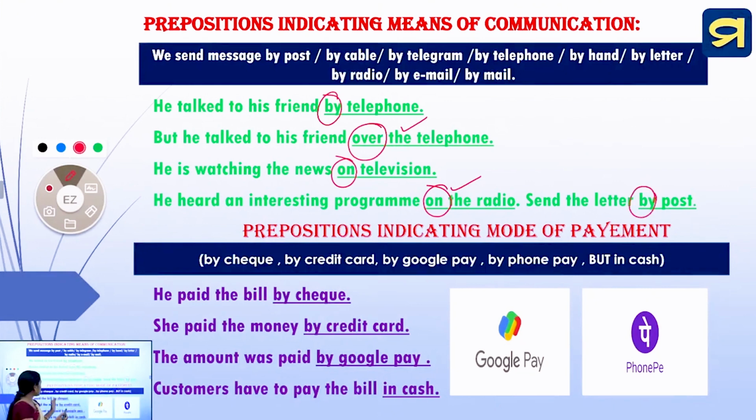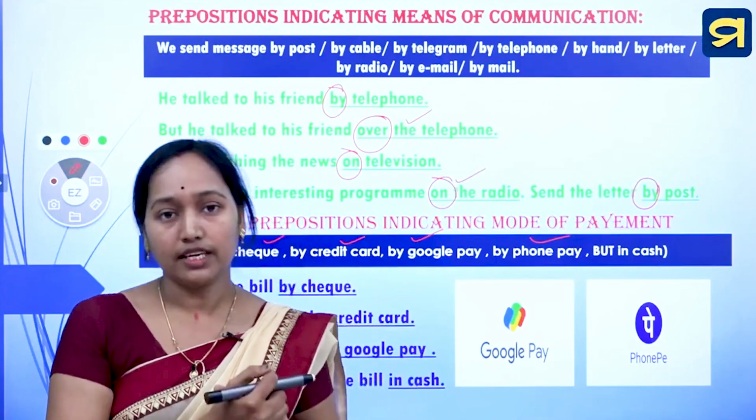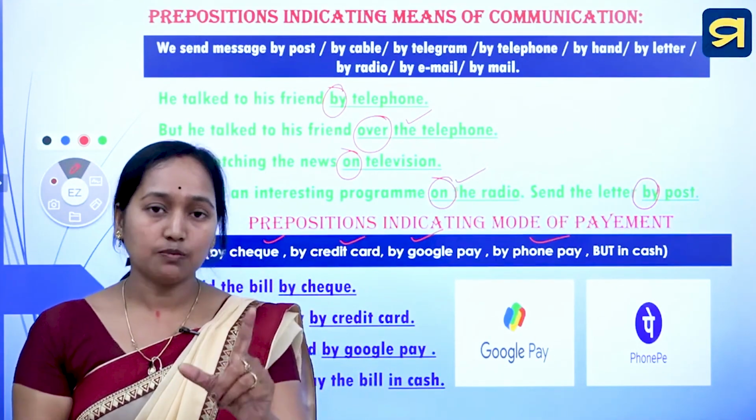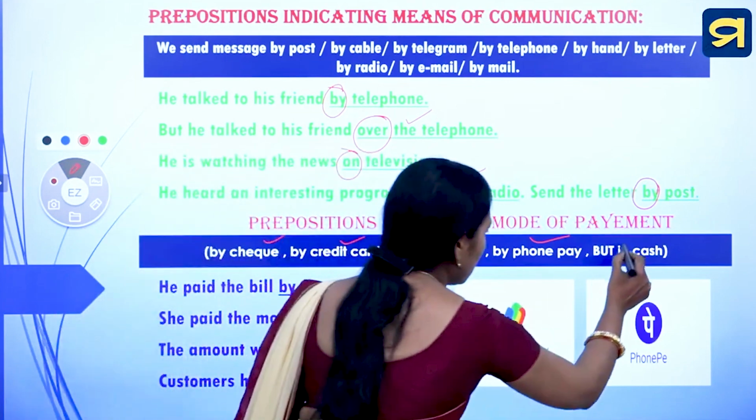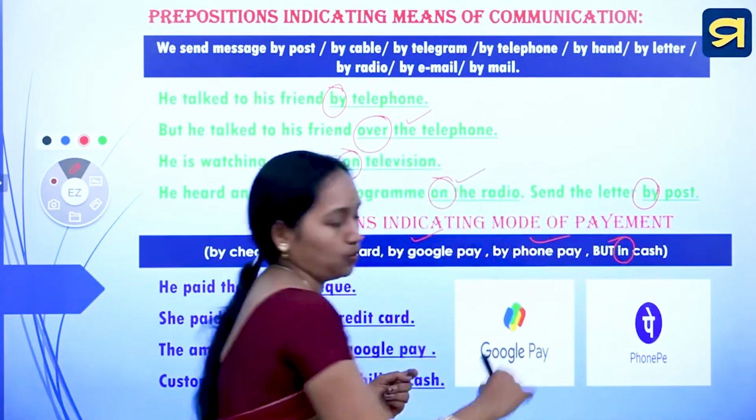Okay, next, prepositions indicating mode of payment. We are sending money. Yes, for payment we will use by check, by credit card, by Google Pay, by Phone Pay. But while giving cash or receiving cash, what will be used? Remember, in is used.